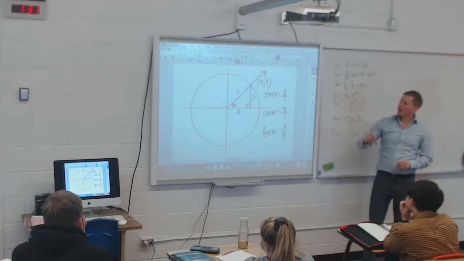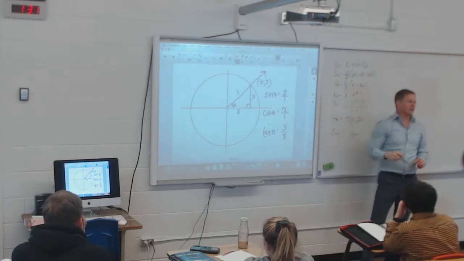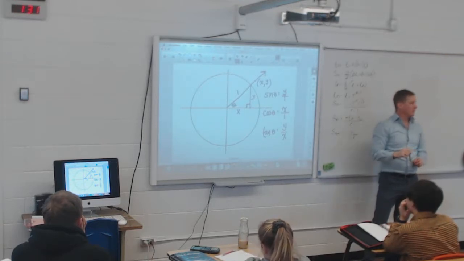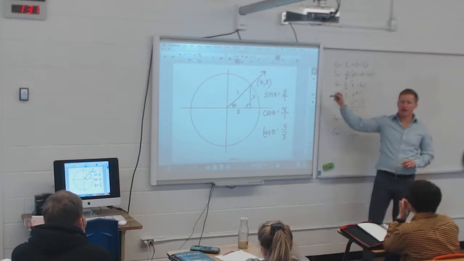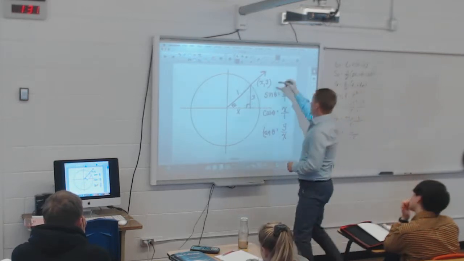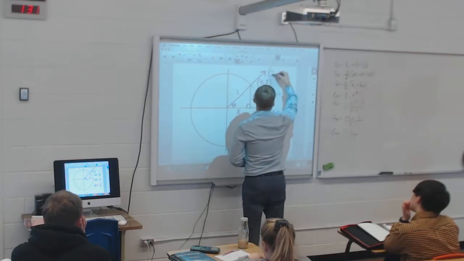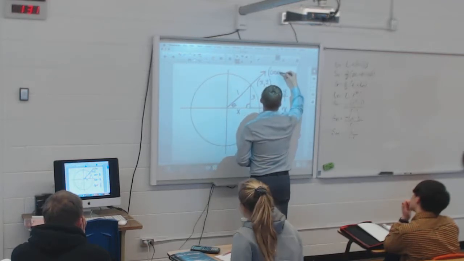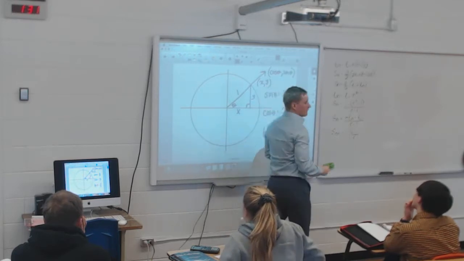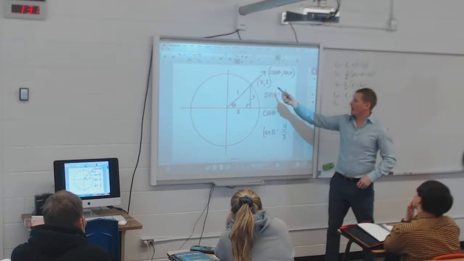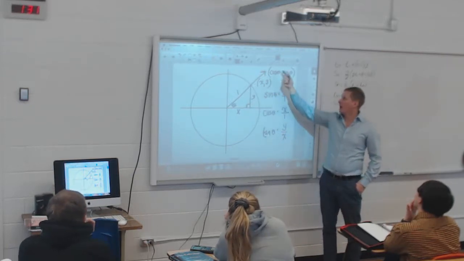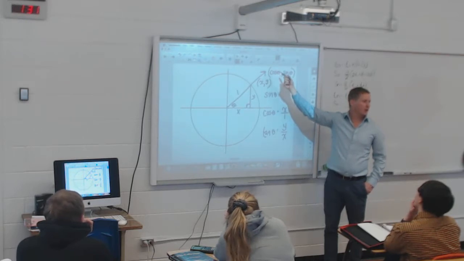So in other words, if I didn't know what x and y were, but I knew what the angle was, I could write it as the ratio of sine theta for y and cos theta for x. That means that instead of x, y, I'm going to write cos theta, sine theta. If I didn't know what x was, but I had my triangle drawn, I could write x as the ratio of cos theta.